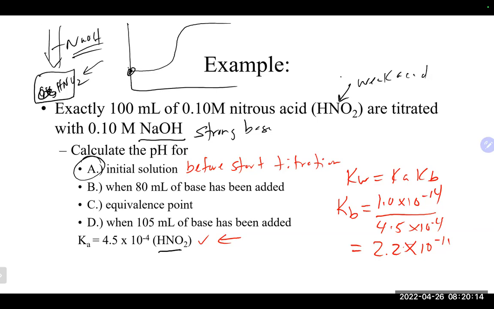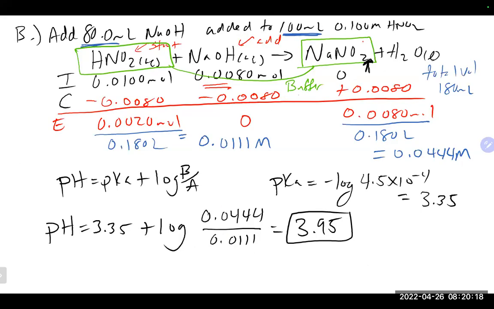When we look at the ICE table, as we saw, which we have right here, we know we are before the equivalence point because the moles of what we are adding is less than the moles of what we are starting with. So that definitely means you're before that equivalence point. Because at the equivalence point, the moles should be equal, obviously. That also means that the sodium hydroxide should be the change here, and that's what we did.